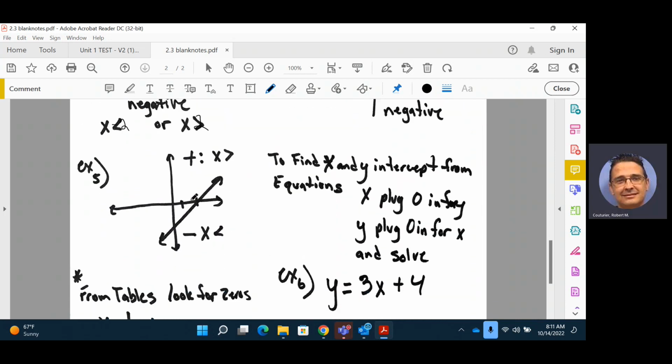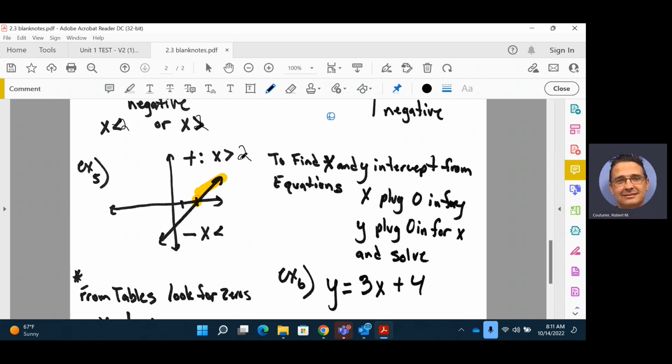Easier ones are here, like when we have a line, right? You want to know when is the graph positive, you look at your line. Right here is our intercept at 2, and anytime we plug in a number greater than 2, we're going to have it be positive.